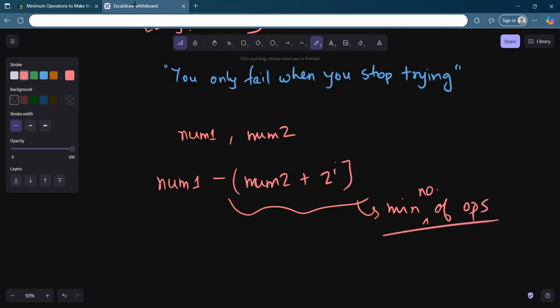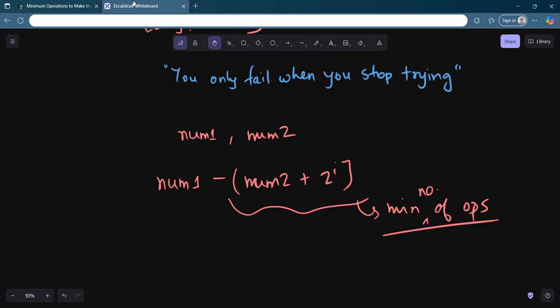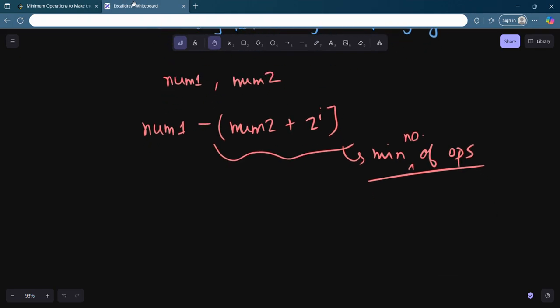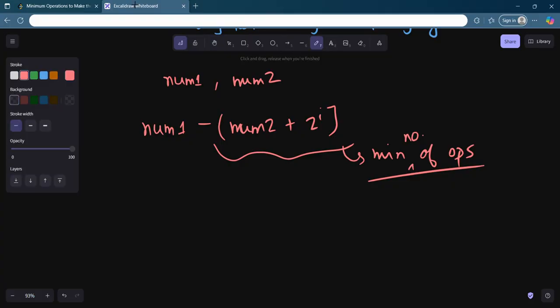So if you try to find the range at first by looking at the problem, you see that I want to reduce this num1 to 0. So what can I do? I need some minimum number of operations. So what can be the biggest possible and the smallest possible number of operations? Let's try to see this. You want to make this whole thing 0, right? So I can write it something like num1, and I am using let's say x operations.